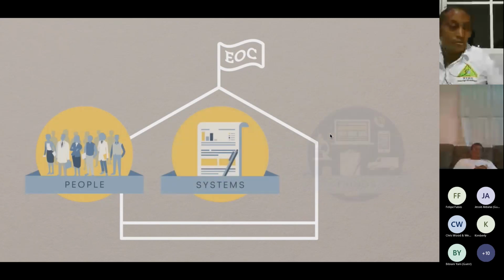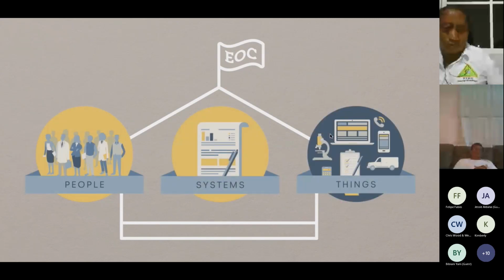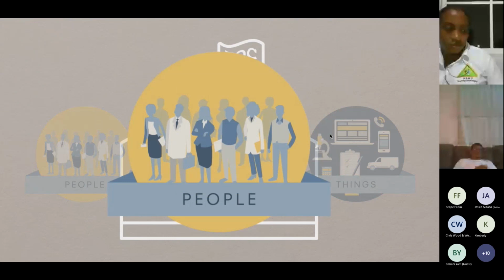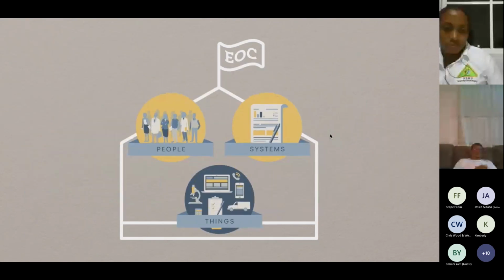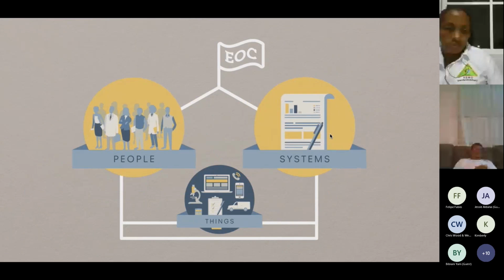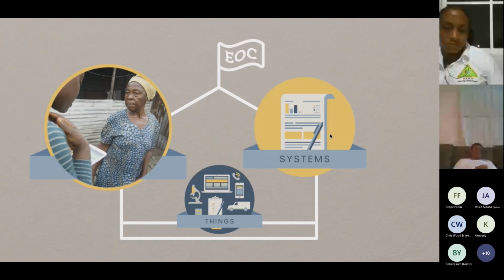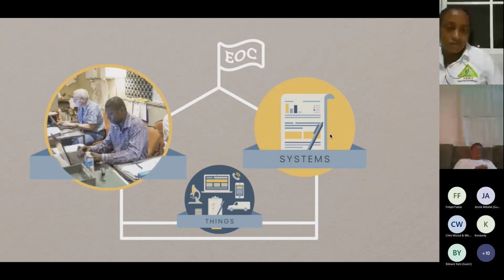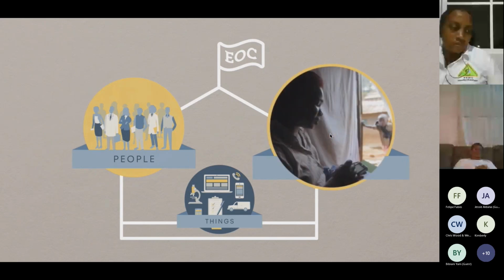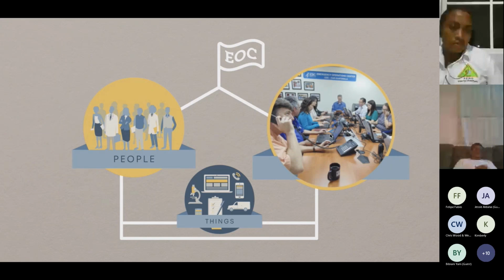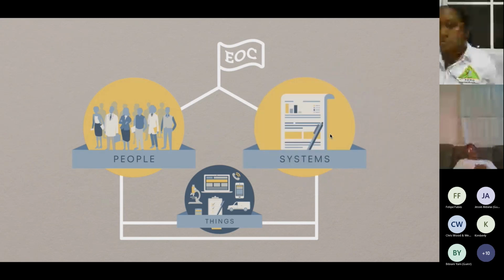Simply put, an EOC and any function within it is people, systems, and things. And of the three, the people and systems are the most important elements. For example, you have some people doing contact tracing, others to analyze the data that's collected. You have systems that detail how and when contact tracing is conducted and how the information is shared during staff meetings.